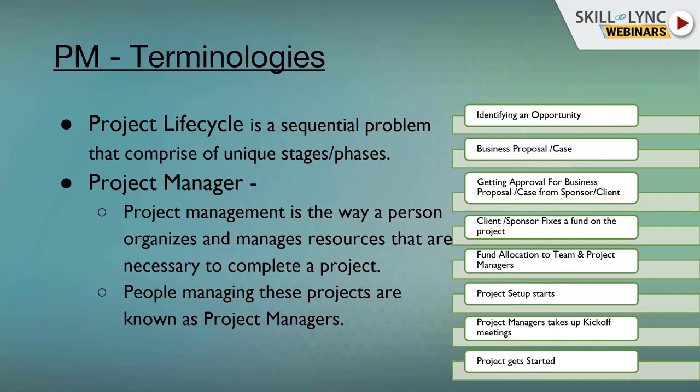For example, I just spoke about our example of an IT recruitment product, right? We identified that there is a requirement for an IT recruitment product by which we could find the talent that is much required in our organization. So we identified the opportunity, and then we proposed a business proposal or a business case.